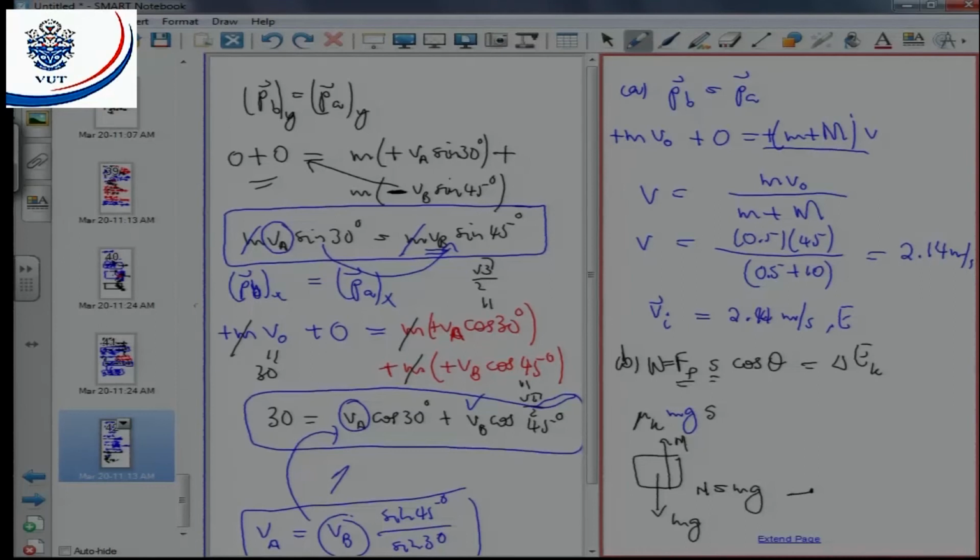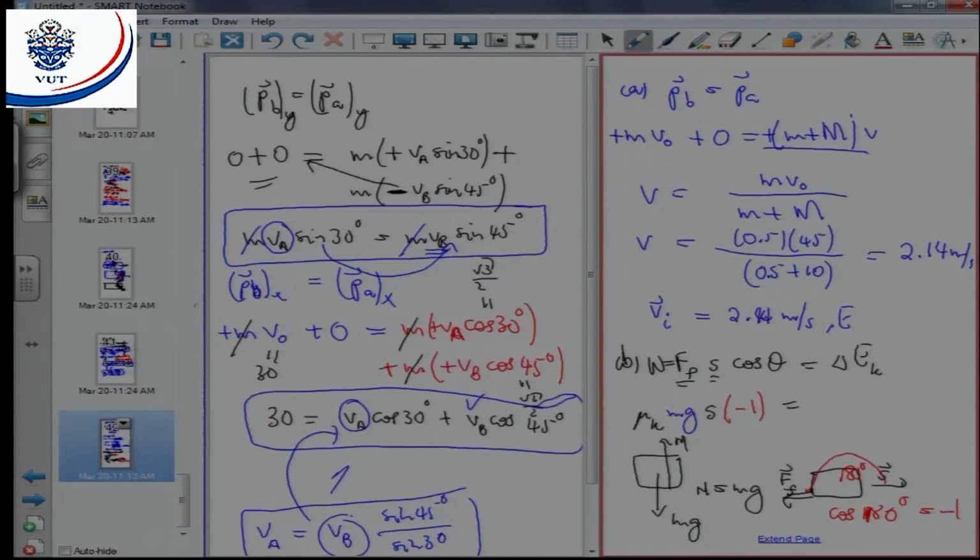Remember that the frictional force is acting in that direction, the block is moving in that direction. So the angle between friction and displacement is this one here, which is 180 degrees. Cos of 180 degrees is just minus 1. So then I've got multiplied by minus 1.